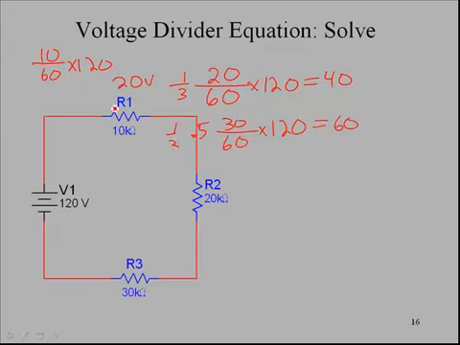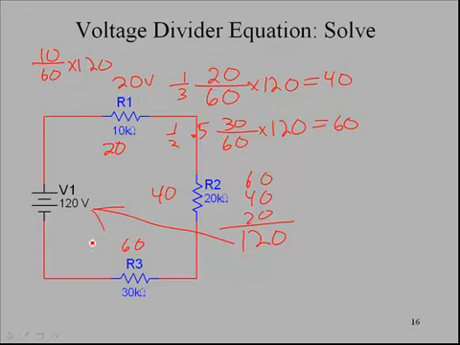And so in this equation, we have a 20 volt drop here, a 40 volt drop here, and 60 here. If we add these up, 60 plus 40 plus 20, guess what? 120 volts, and that equates to our applied voltage. In the previous section, we had looked at Kirchhoff's law, and what did Kirchhoff's law say?